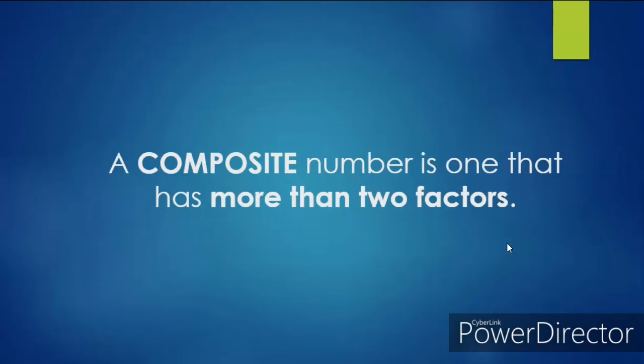Now, what is a composite number? A composite number is one that has more than 2 factors. So invariably, a composite number is like the opposite of a prime number. Where a prime number has just 2 factors only, a composite number has more than 2 factors.